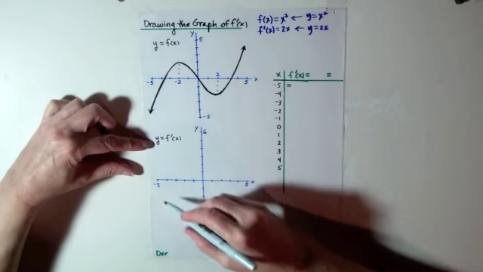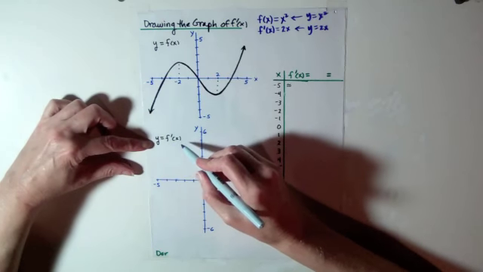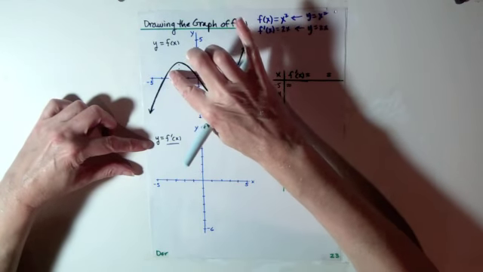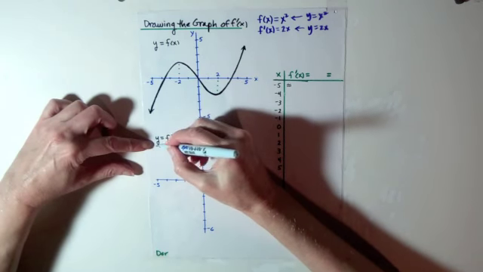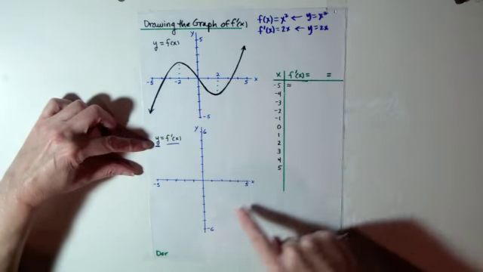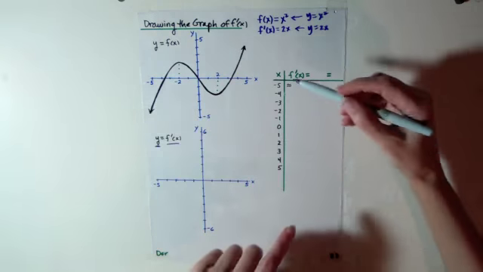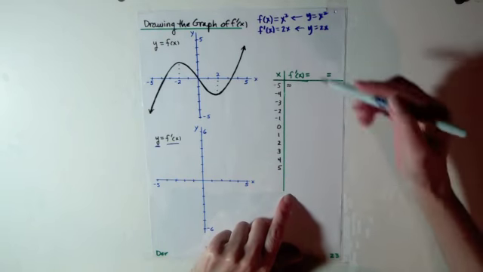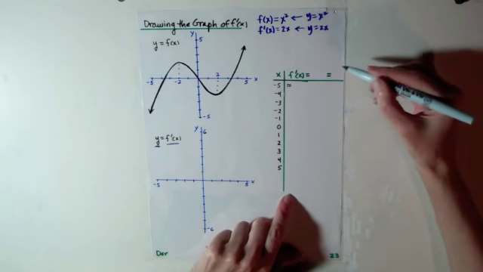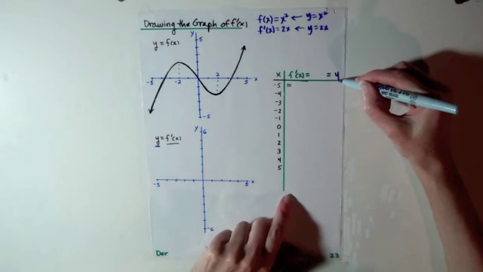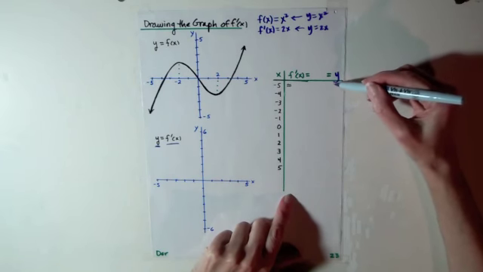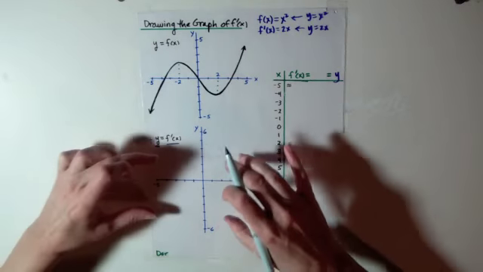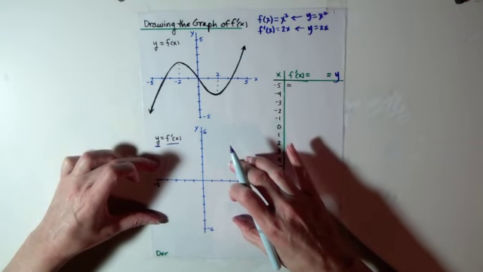Now, remember that down on this graph, if I'm graphing y equals f prime of x, it means that whatever the derivative of this function is at a particular x value becomes the y coordinate of a point on the graph of the derivative. Let's see how that works over here by looking at this table. I have a whole bunch of x values that I'm going to plug in, and I'm going to find f prime of x, and keep in mind that f prime of x is going to become the y coordinate that goes along with any particular x coordinate that I might plug in on this lower graph, the graph of f prime of x.